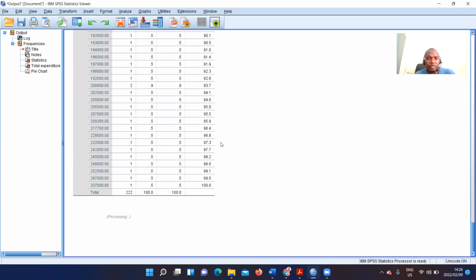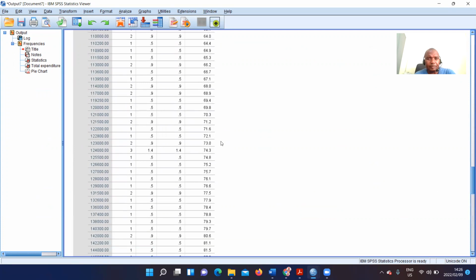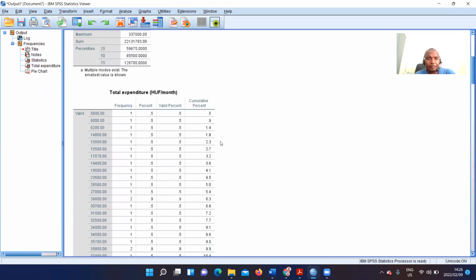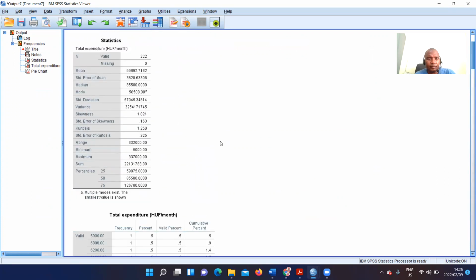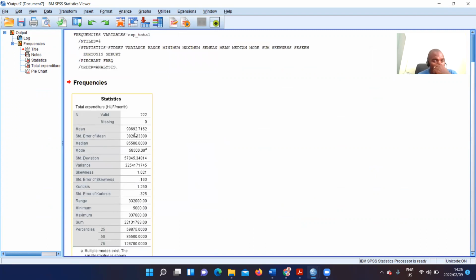And then if you check, the average, the mean expenditure per month in Hungarian forint, it's 99,692.716. The standard error of that figure is 3,828.63 Hungarian forints.